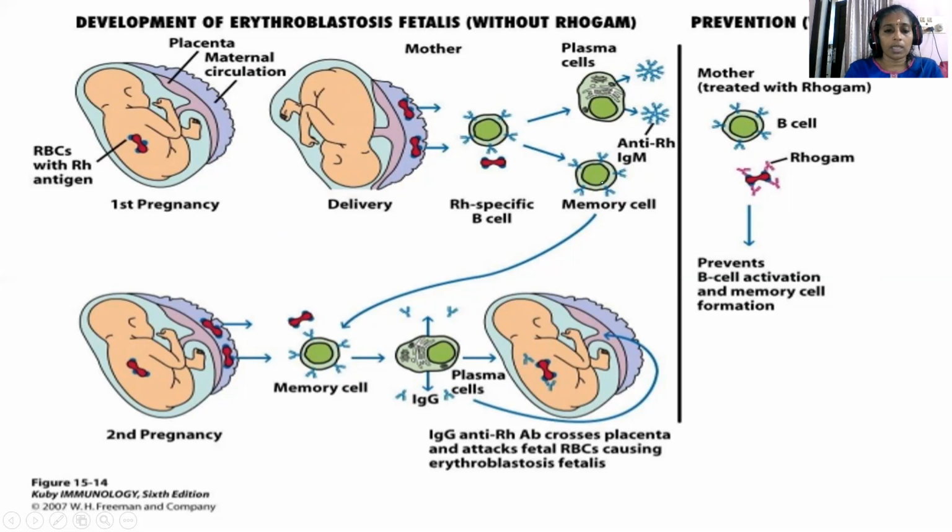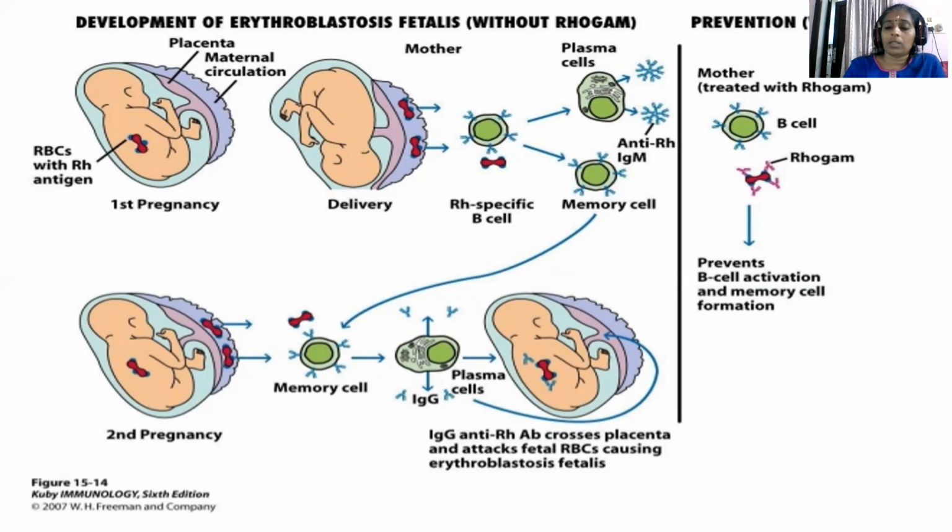The same happens during the second pregnancy. She is again carrying an Rh positive baby. The memory cells immediately will recognize the Rh positive antigen, and that results in the elimination of this baby from the womb. So this results in the development of erythroblastosis fetalis.